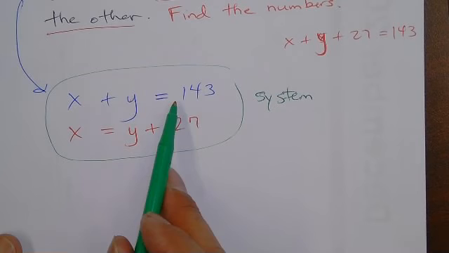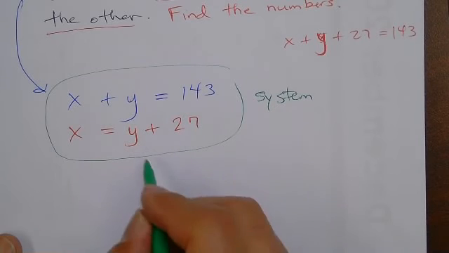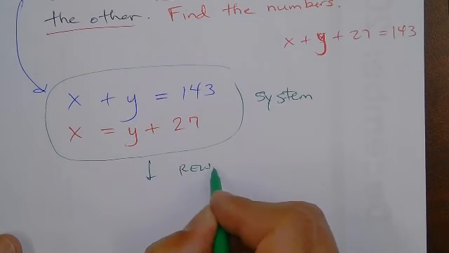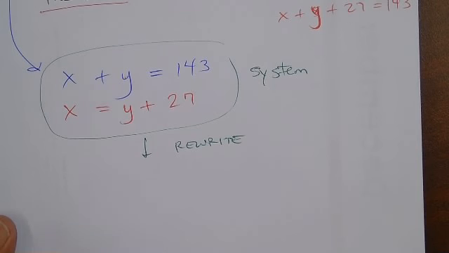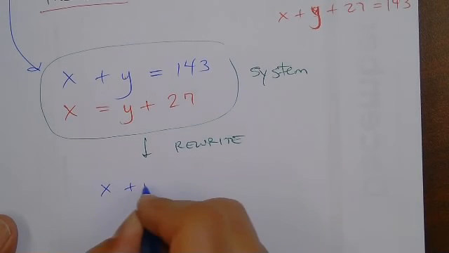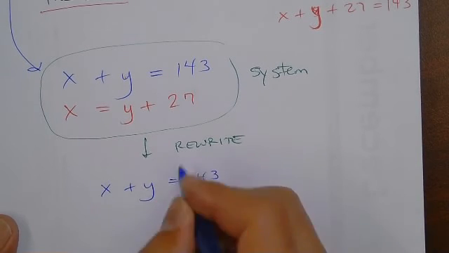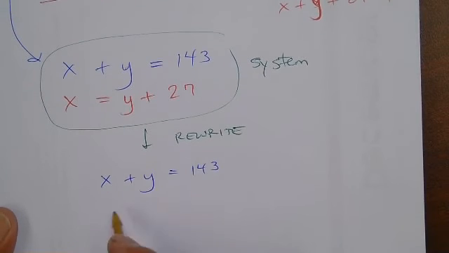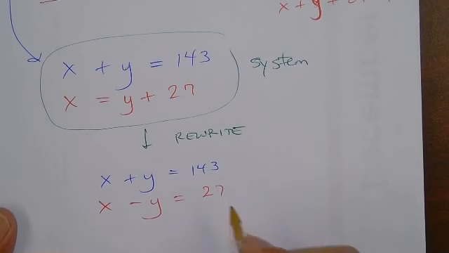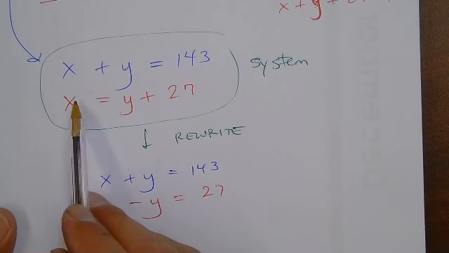Why not? You remember standard form? I want the x and the y on one side. Okay, so let's rewrite it. We're not going to solve because I already know you can solve it. So if I were to rewrite it, everybody agree the top one's good? How are you going to rewrite it? What's going to be this new second bottom one? X minus y equals 27.